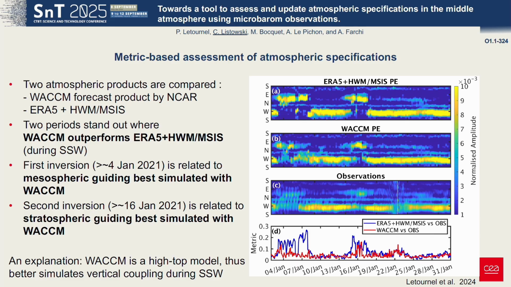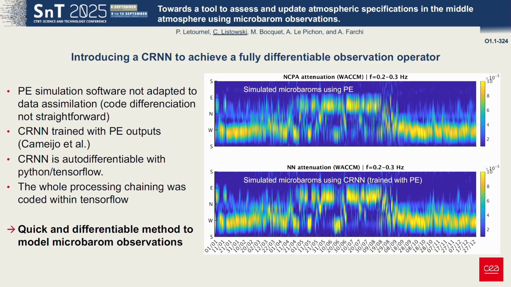And there are impacts to be accounted for in the mesosphere as well. For instance, WACCM better represents the observation between the 1st and the 7th of January because the mesosphere is better represented within the WACCM model, since the sudden stratospheric warmings also impact what's happening in the mesosphere and the lower thermosphere.